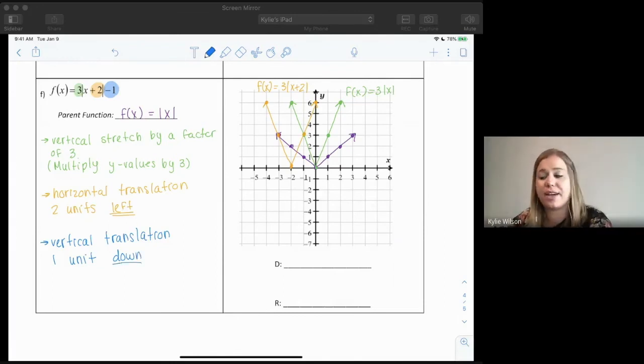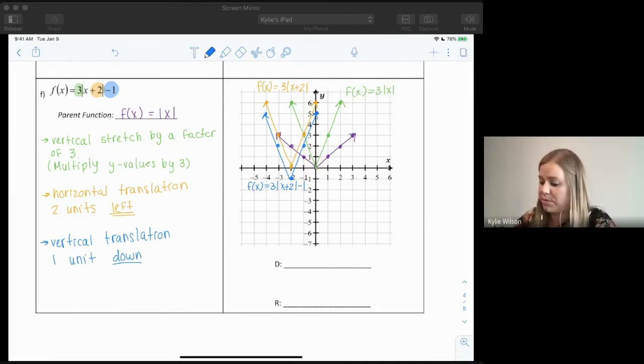So now I take all of my orange dots and I move them each 1 unit down. There we go. So that is f of x equals 3 absolute value of x plus 2, minus 1, like that.